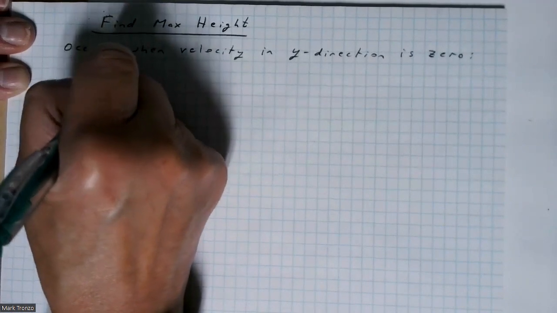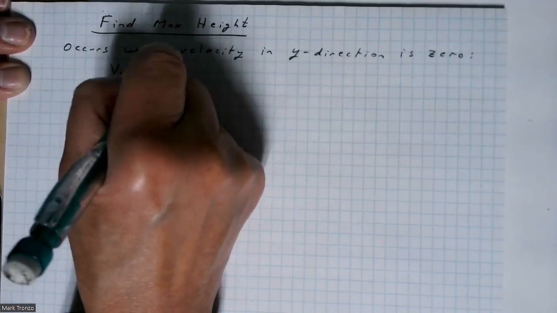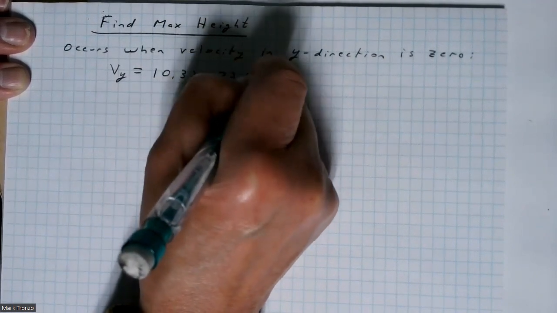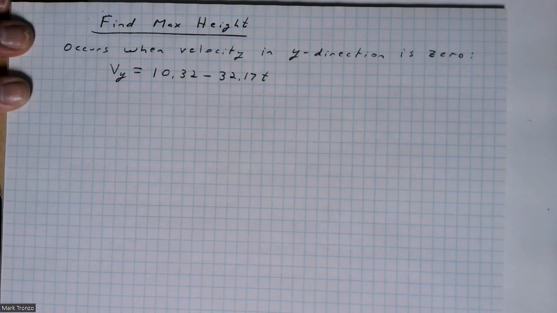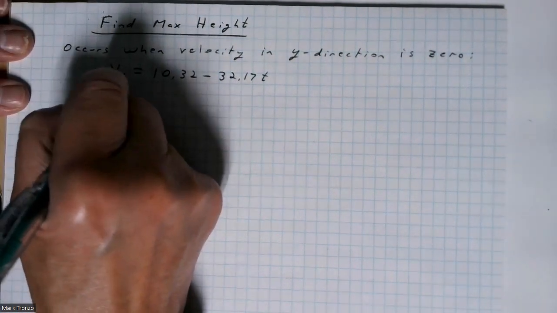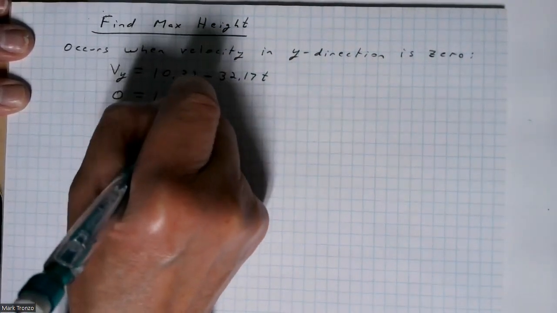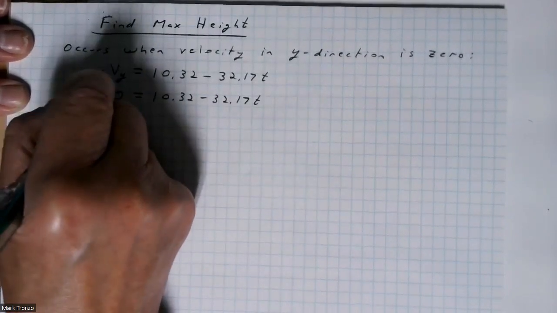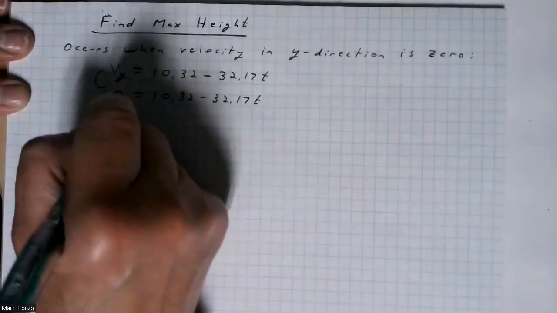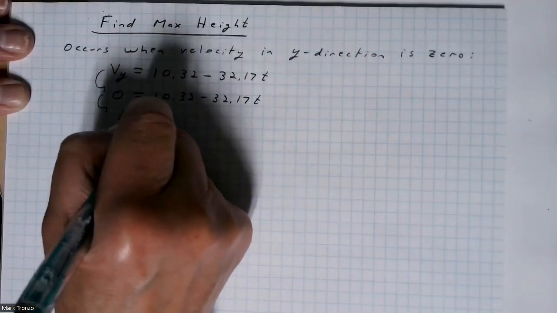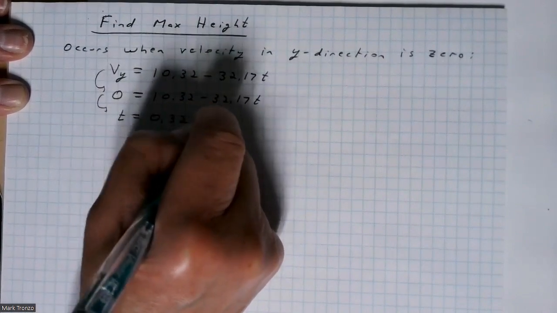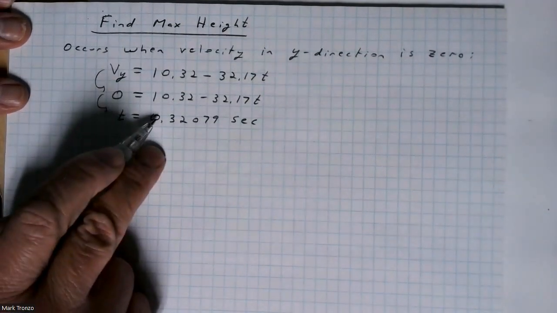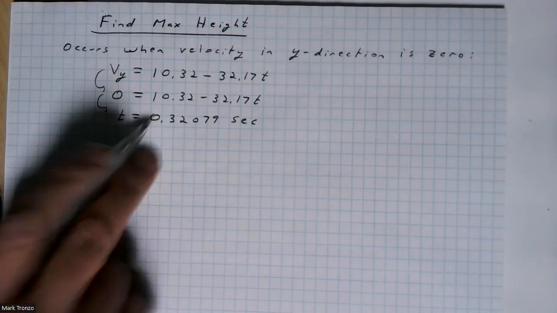So we have Vy equals 10.32 minus 32.17 t. And so we'll set that equal to 0, and if we solve for t, we get 0.32079 seconds. That's when we reach the maximum height at that point.